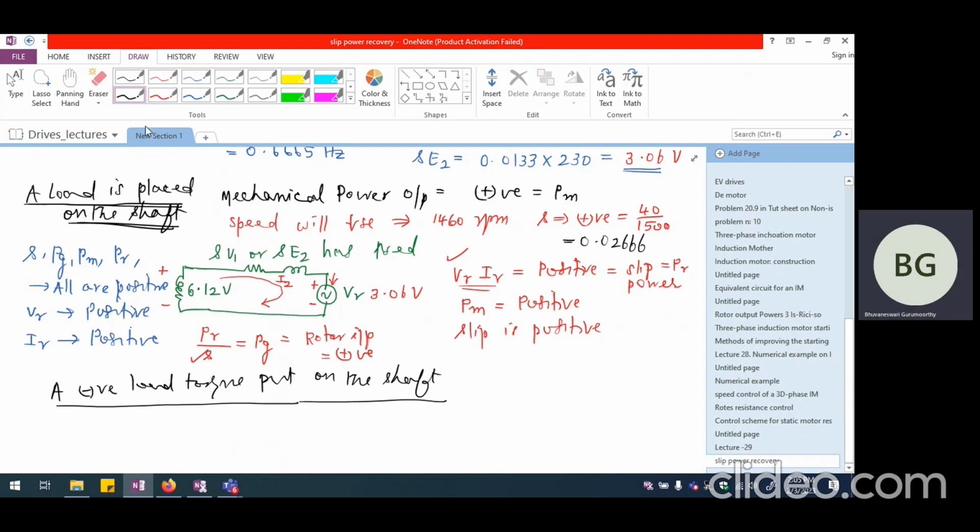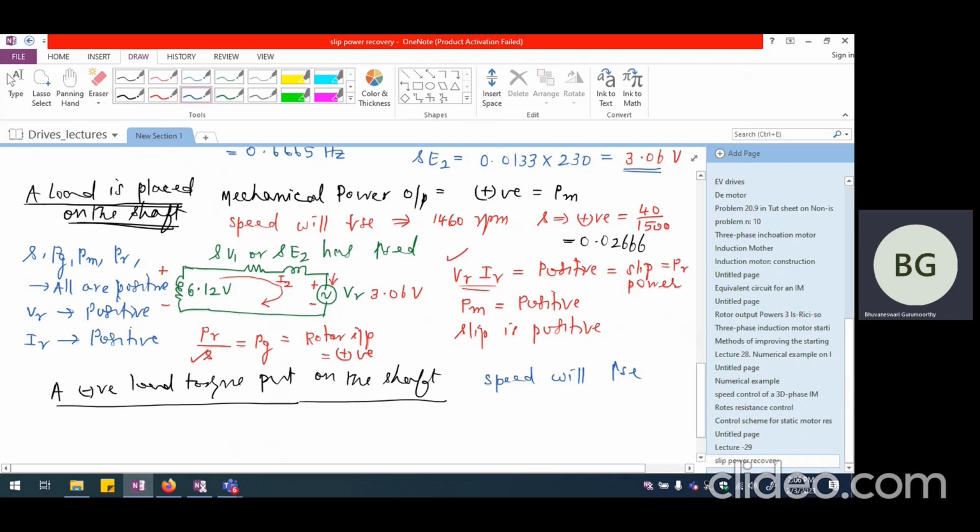So if I am pumping in some torque or mechanical power using a prime mover from the shaft side, now what happens? We have to check. So if I am including a prime mover, then the speed will increase. So I'm talking about sub-synchronous operation still.